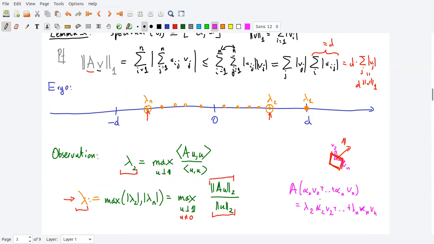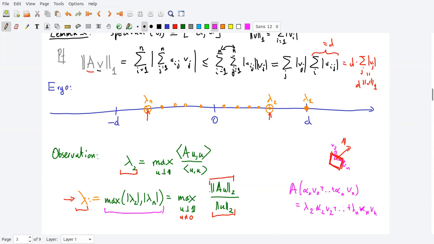And this is an orthonormal basis. So if you have a vector that has certain coordinates in this orthonormal basis, and every coordinate gets expanded by at most lambda, which is the largest absolute value of these eigenvalues, then the norm of the vector cannot expand by more than lambda.